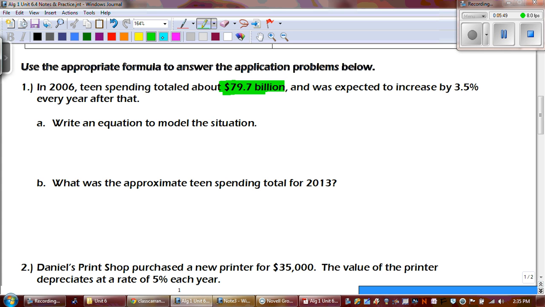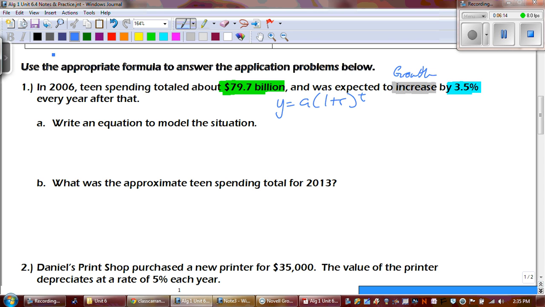We got some money right there. We've got a percent. And now, is this talking about growth or is this talking about decay? There's our key word right there. This word tells me we're talking about growth. Okay, so I know this is the formula that we are going to be plugging into.